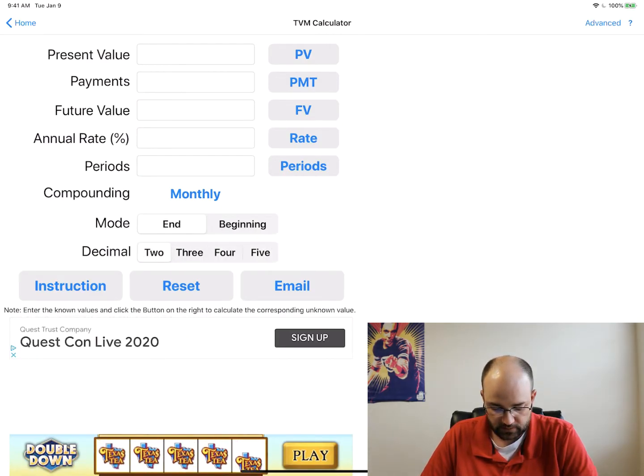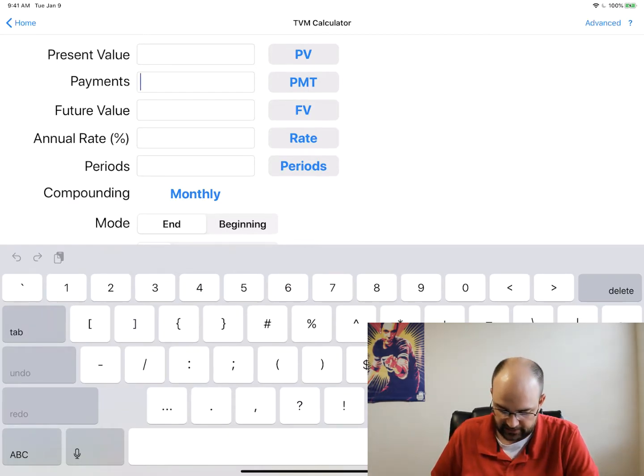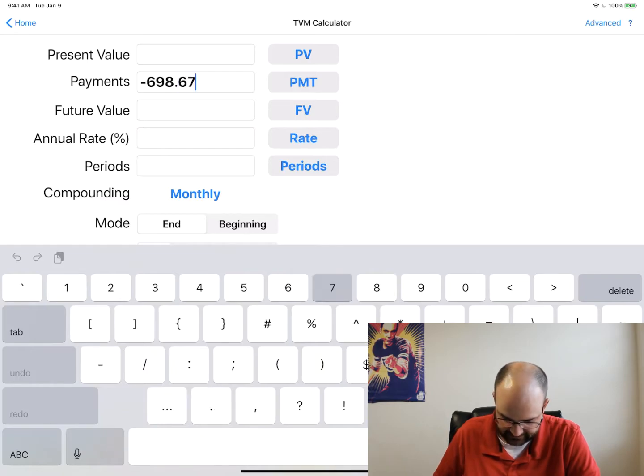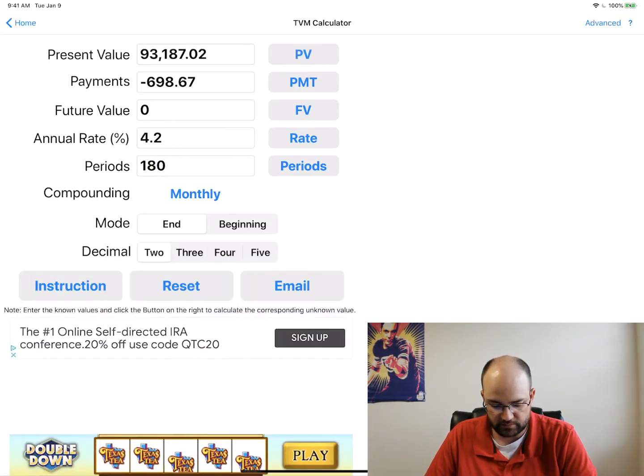Okay, so the present value we don't know, but the payments are going to stay the same as last time, which was negative 698.67. So same payments. Future value should be 0, interest rate of 4.2%, and the total number of periods is 180. And then to calculate the present value, just click on present value.